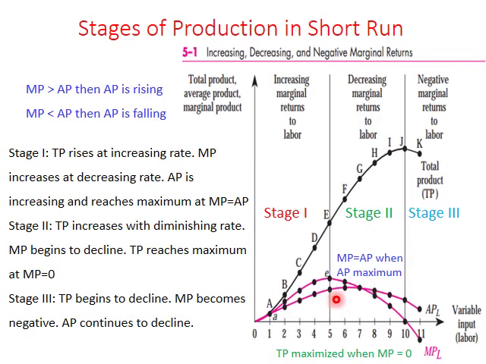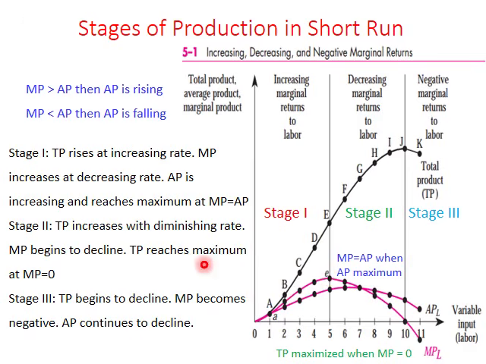At stage 2, total product is increasing, but at a decreasing rate, not just like stage 1. It increases, but with a decreasing rate. Here, the marginal product begins to decline, as you see.